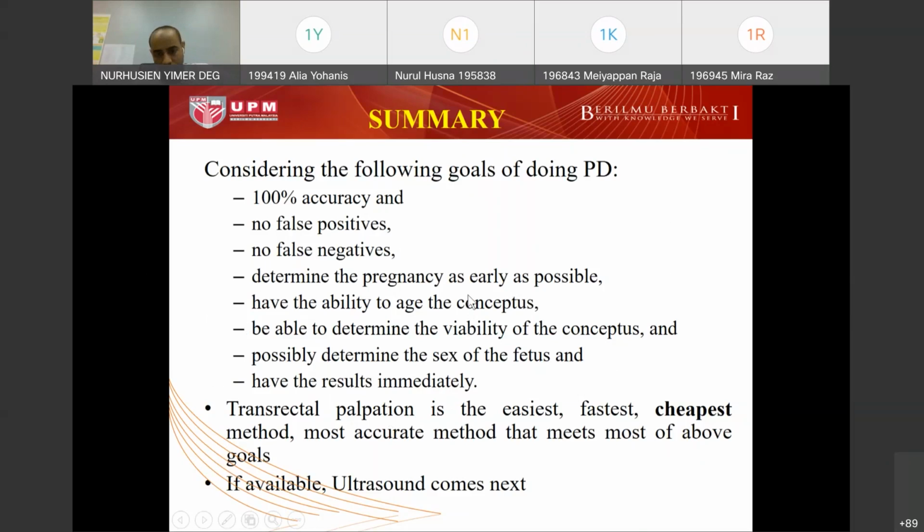Considering all this and considering the cost of the procedure that you are going to rely on for the pregnancy diagnosis, you will find that transrectal palpation is the easiest, fastest, and relatively the cheapest method to achieve most of these objectives. So a lot of effort needs to be made to make sure that your rectal palpation skill for pregnancy diagnosis is good.